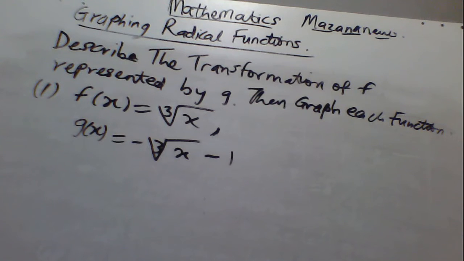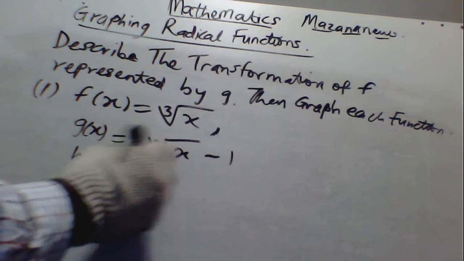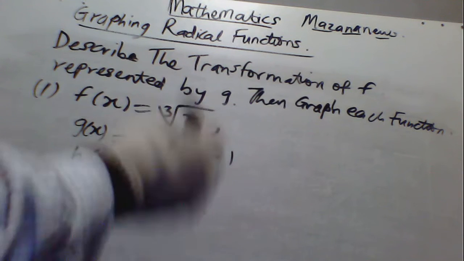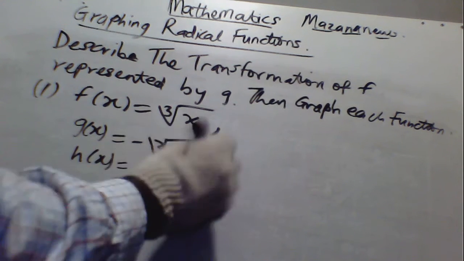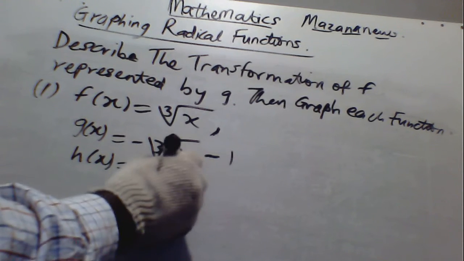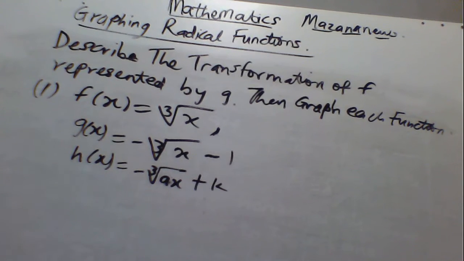So from here you can now describe it. g is a graph of vertical translation. It's in this form. Always look at the form. Minus cube root of x is in this form. So if you look at this, you already know how to translate it.